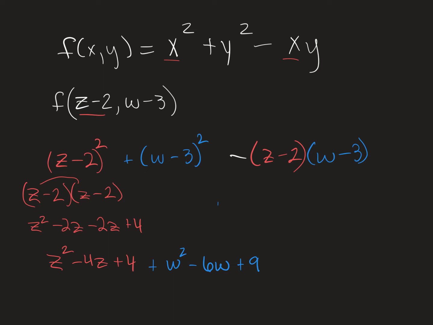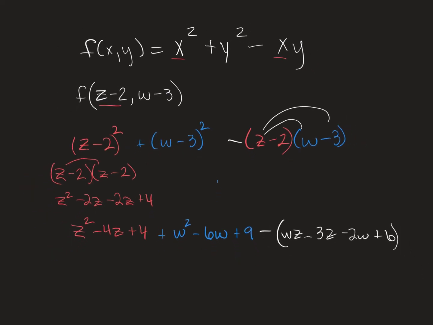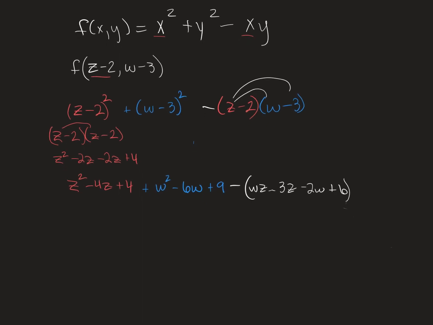All right, and then we'll FOIL these two together. So you get wz minus 3z minus 2w plus 6. Remember that we are subtracting all of this, so all of these signs are going to change.